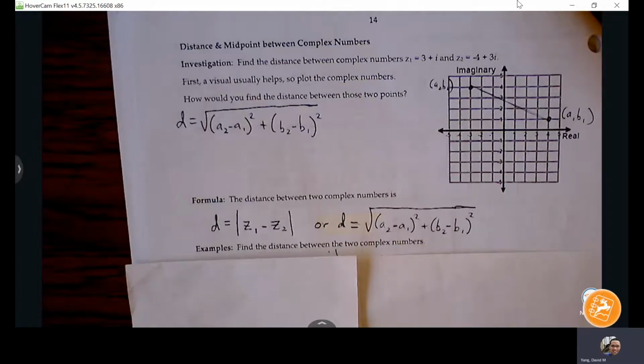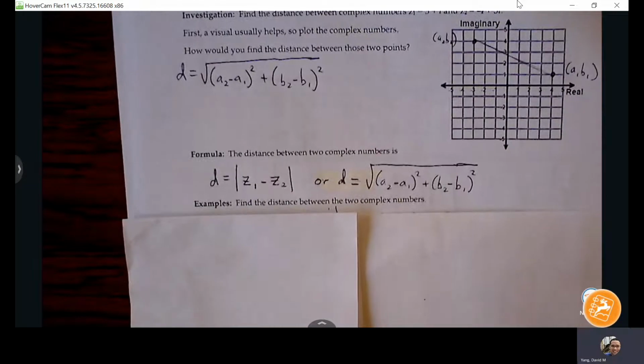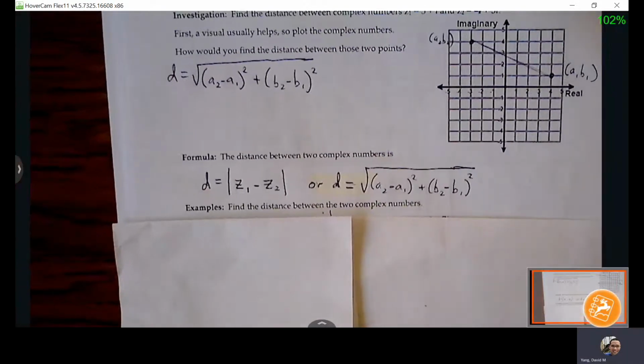We're not going to find distance for ordered pairs. We're going to find distance of complex numbers, which is going to feel very similar, but we're going to do it in a certain way here. The formula for the distance between 2 complex numbers is going to be the absolute value of z sub 1 minus z sub 2.